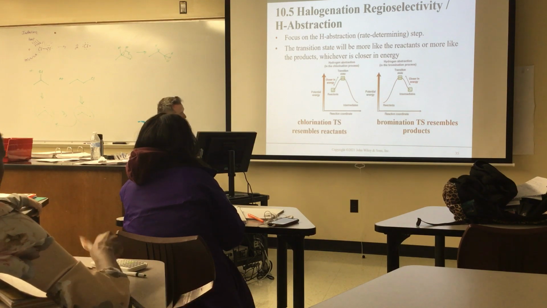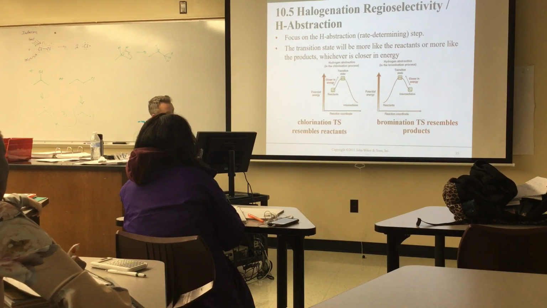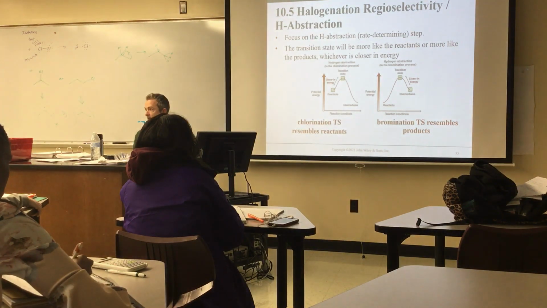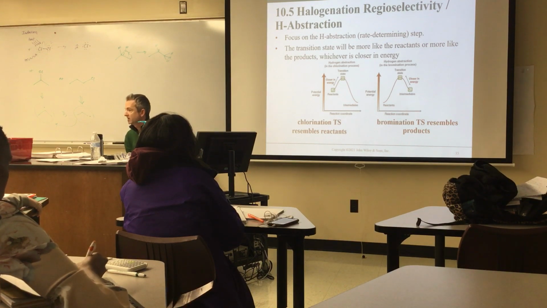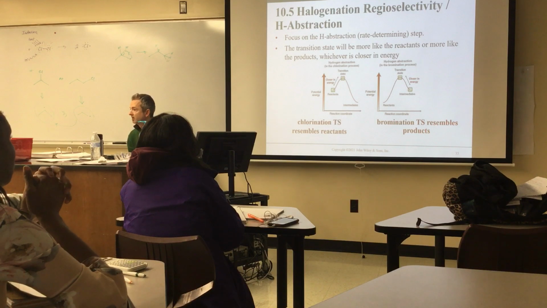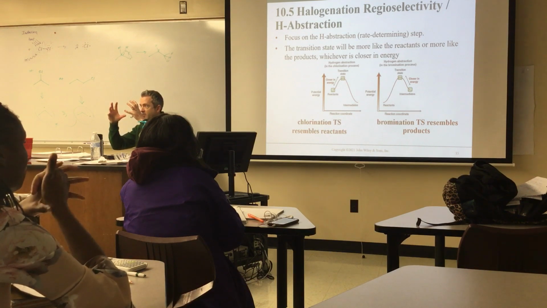Why is bromination so much slower? I would say it's probably due to its atomic radii. The electrons are a little more delocalized around bromine. It's a little bit larger and bulkier, and the electrons are more spread out. You think about fluorine.